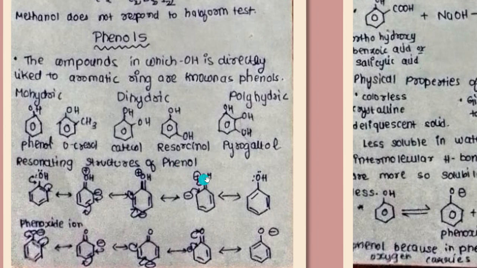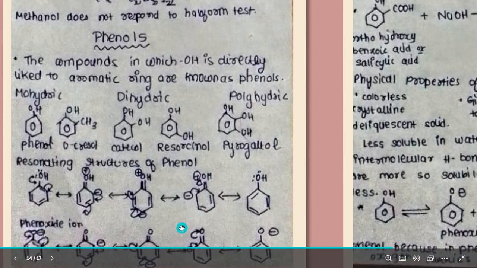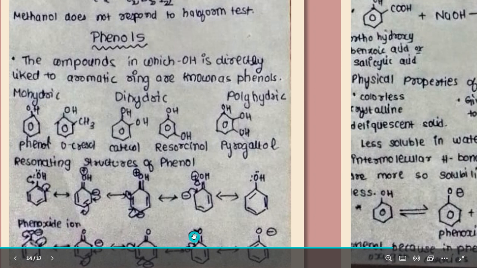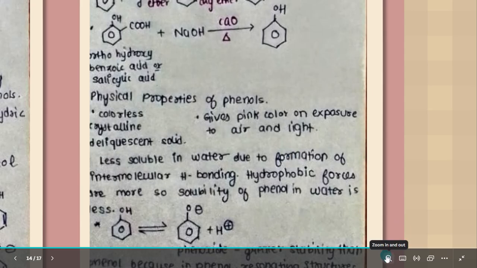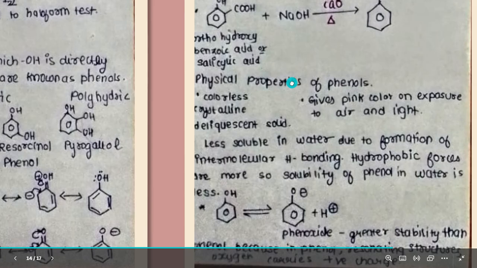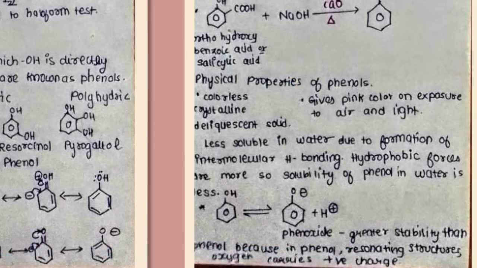Here O plus, O plus, O plus. But in phenoxide ion, oxygen is stable, right? No charge on it in the resonating structures as you can see here. So phenoxide ion is more stable than the phenol ion or resonating structure of phenol, right?